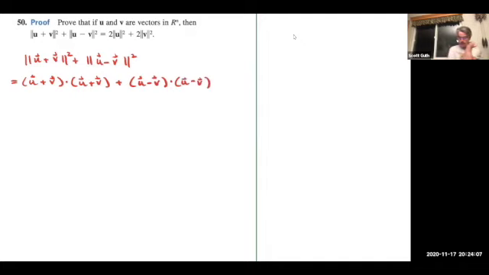And the good news is, as you know, dot products distribute and they commute and they do all the things that you do with algebraic variables. So we can do this as u dot u plus 2u dot v plus v dot v plus u dot u minus 2u dot v plus v dot v.